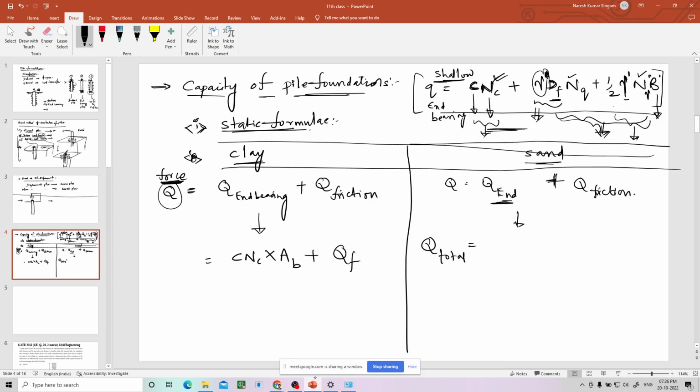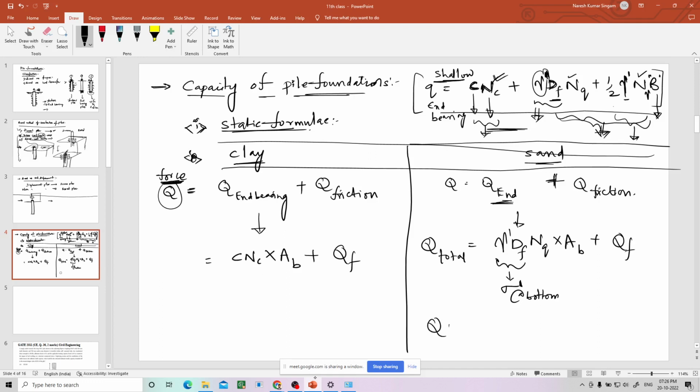When we are talking about the end bearing resistance, you can write it as gamma dash, the submerged or partial bulk unit weight, gamma Df into Nq multiplied by bearing area, right, plus Q friction. We'll talk about this friction later. So now this is nothing but the effective stress at the bottom.